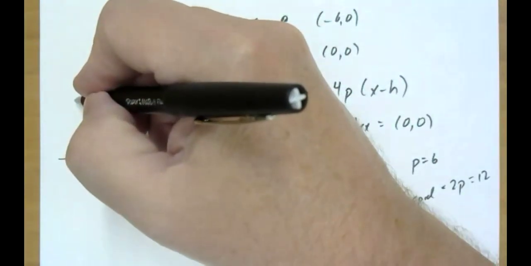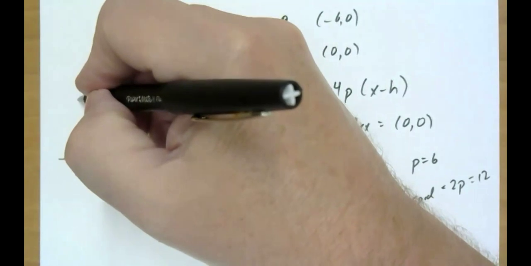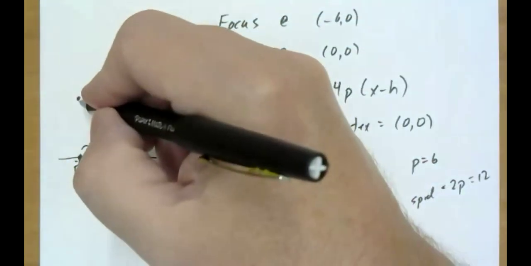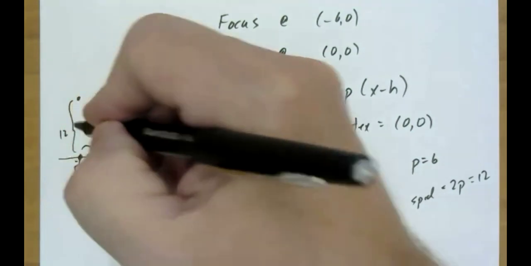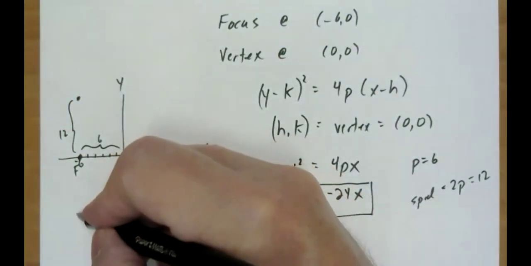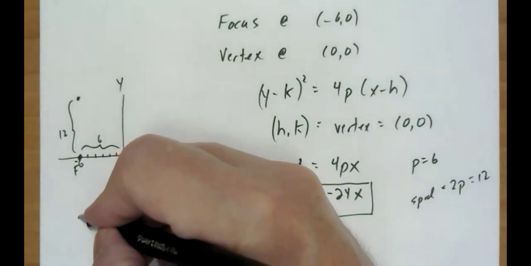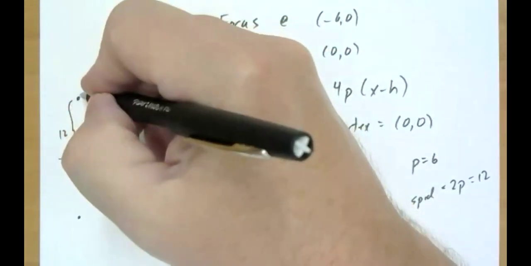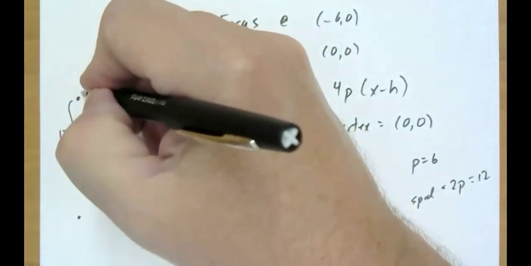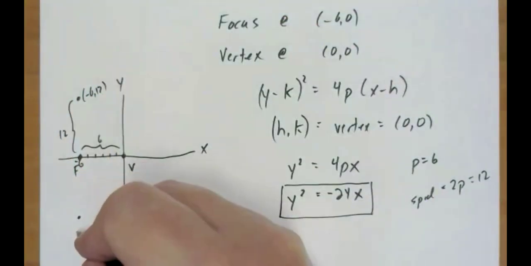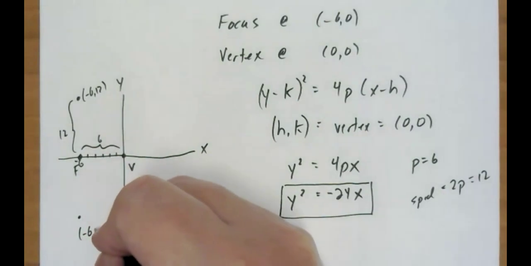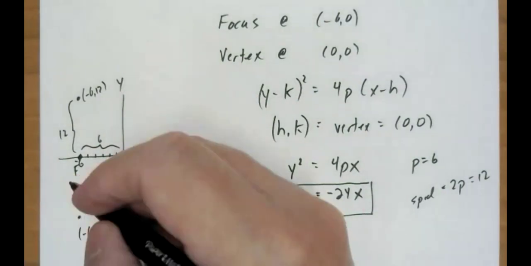I'll just make an estimate. So I'm going to say this distance is 12, and so this point right here would be -6, 12, and this point would be -6, -12.